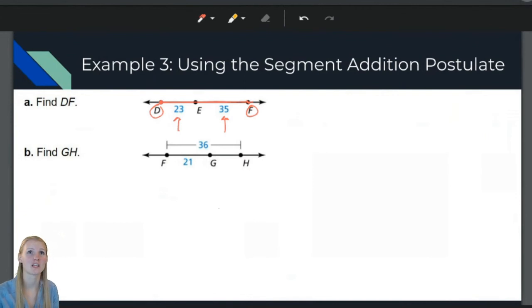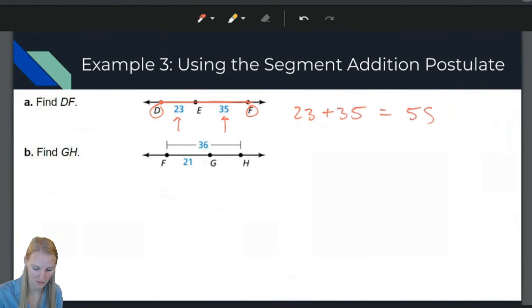So I need to add 23 and 35 together, and that will give me 58. So I will say DF equals 58. I don't need to put the line above it because I'm talking about length.